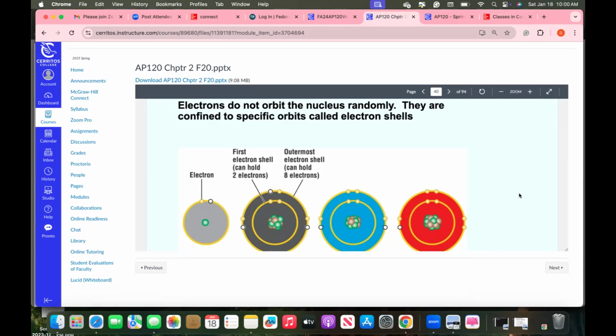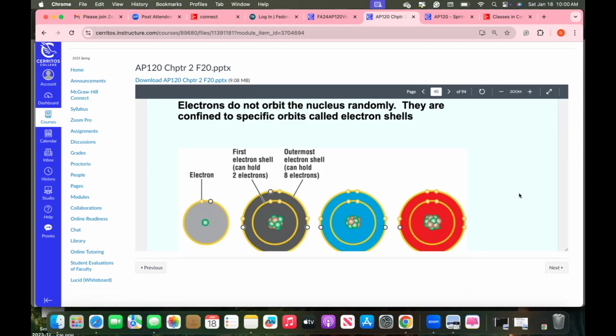So if you need more than 2, you have to get a second shell, and you might need more than that. The outermost shell can hold 8 electrons, and this gives you some configurations. Here's an atom with 1 electron.